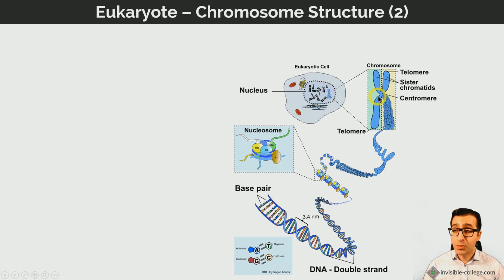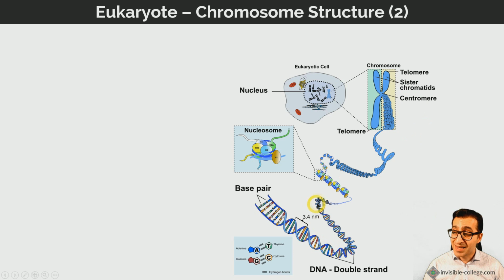Because the purpose of the chromosome is not just to package the DNA in the nucleus and get it all to fit, it's also to distribute the genes into these separate structures so that when the cell divides into two cells, the two daughter cells end up with the correct numbers of genes. Now we're going to be talking about cell division and chromosomes an awful lot more in later lessons of this course. So this is the way in which the DNA is packaged in a eukaryotic cell.